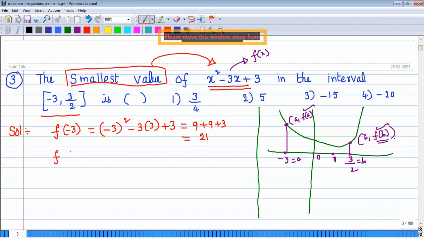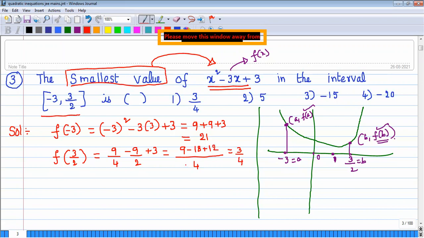Now find out f of 3 by 2. 3 by 2 whole square, 9 upon 4. Minus 9 by 2 plus 3. 4 is the LCM. 9 minus 18 plus 12. So 21 by 4, minus 3 by 4.